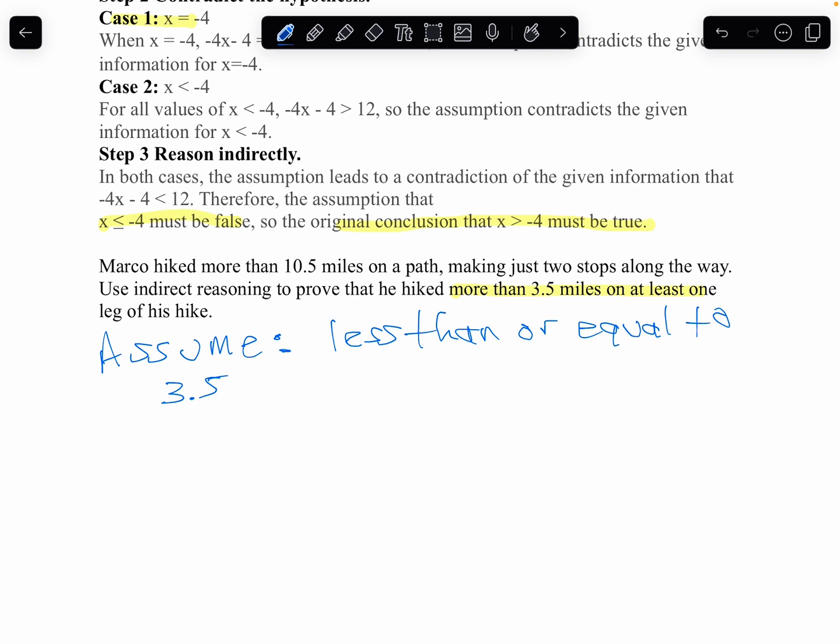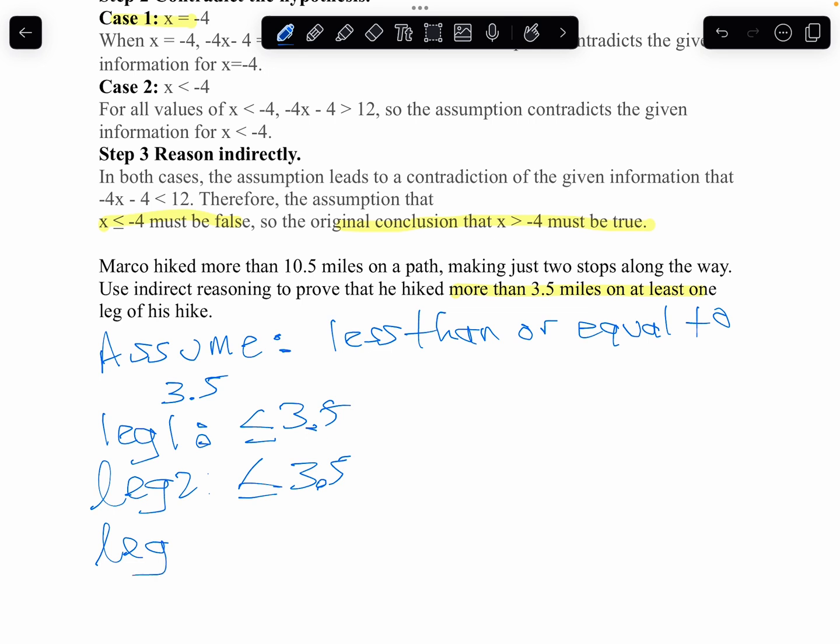Let's call our first leg, we'll just call it leg 1. I want it to be less than or equal to 3.5. Leg 2, we're going to say less than or equal to 3.5. And leg 3 is less than or equal to 3.5.